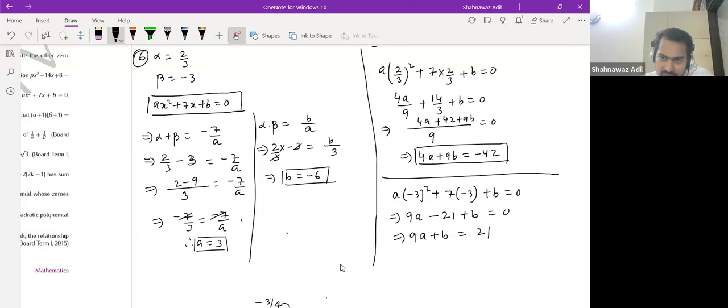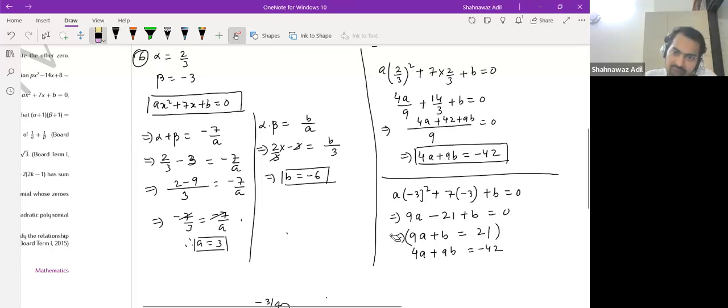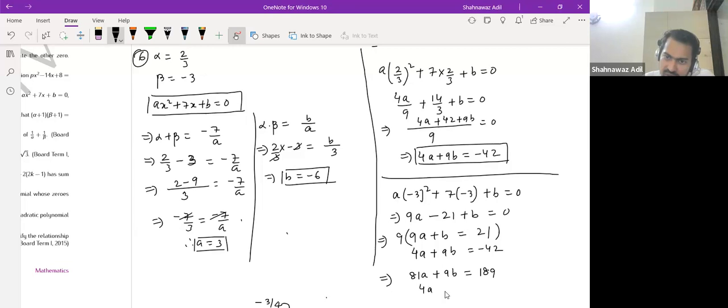This is a very big one. And then we have 4a plus 9b equals minus 42. So we can solve these two equations simultaneously. This one is a lengthy method, right? So we multiply the first by 9. This becomes 81a plus 9b equals 189, and this is 4a plus 9b equals minus 42.